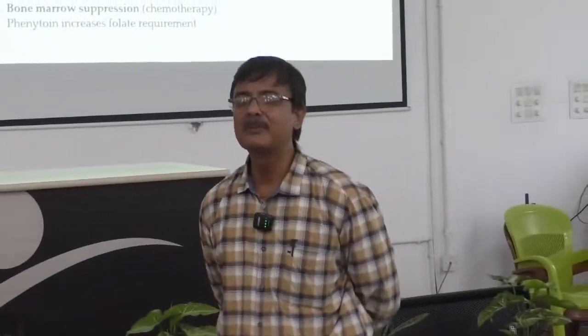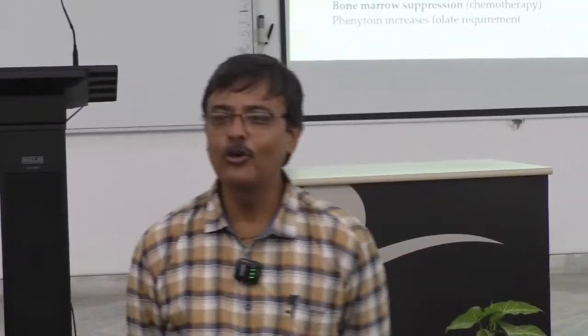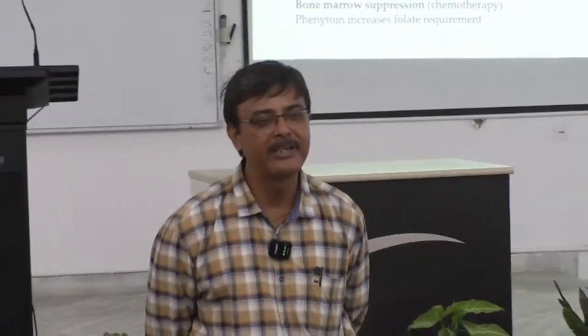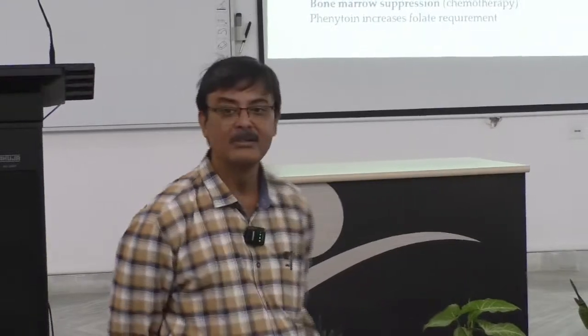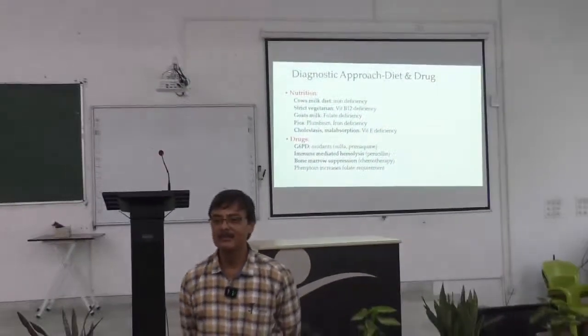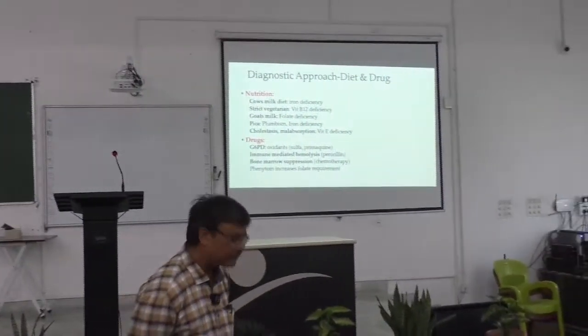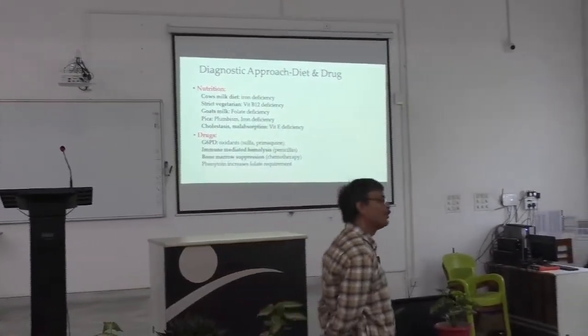Pica, two reasons. One is plumbism. What is pica? Attraction to non-food substances, right? Very good. What is plumbism? Plumbism is the effect of lead poisoning. Very good. So why will plumbism develop with pica?